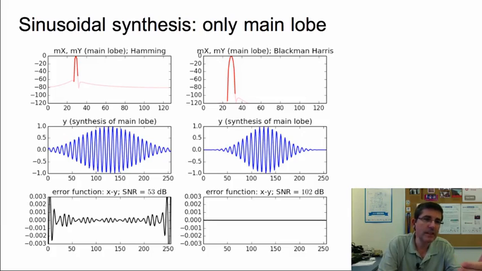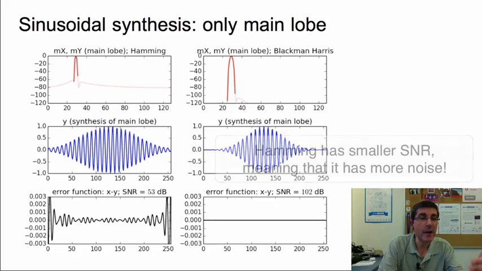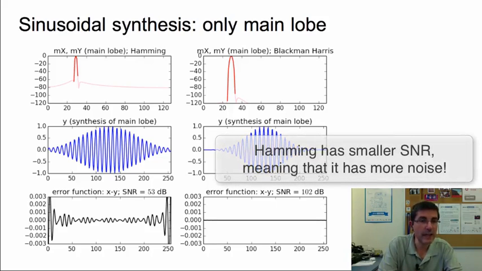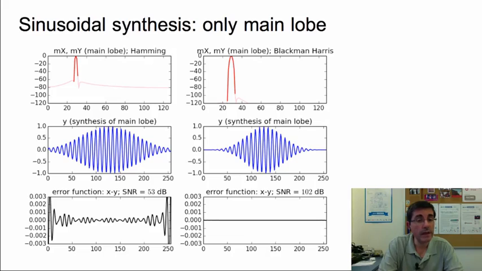But if we actually measure the signal to noise ratio, so basically how this would be distinguished from a real sinusoid, a very synthetic sinusoid that would be perfect, we see that the Hamming window has a smaller signal to noise ratio than the Blackman-Harris window, because of course the samples of the main lobe of a Hamming window carry less weight than in the case of the Blackman-Harris.